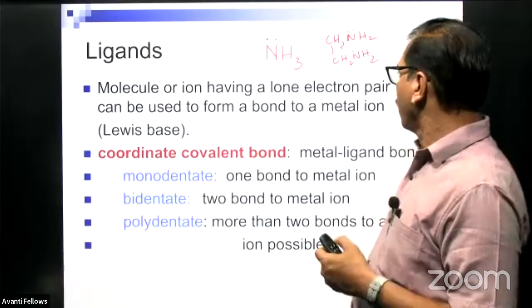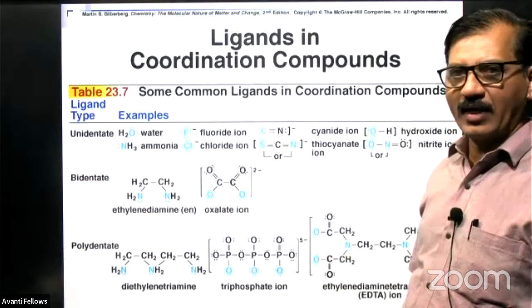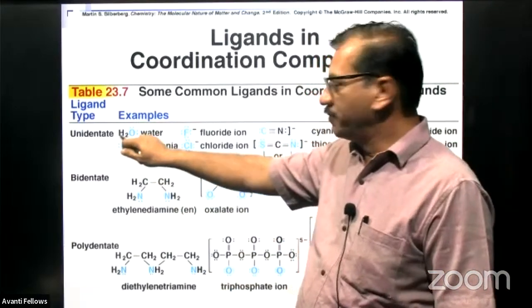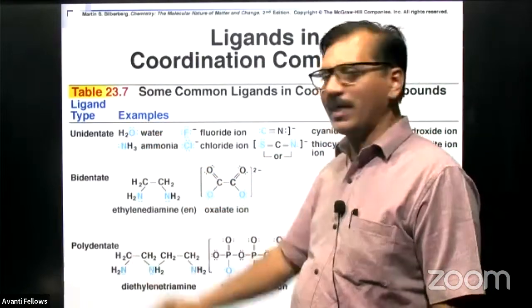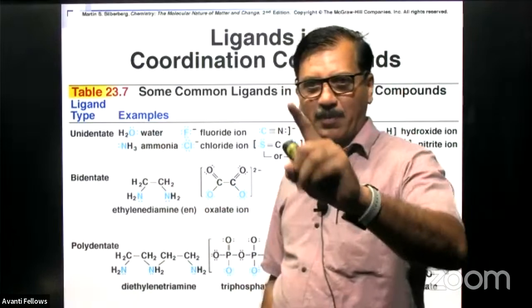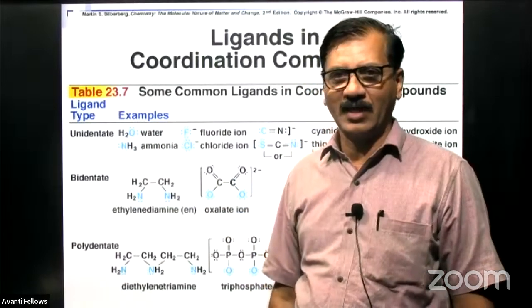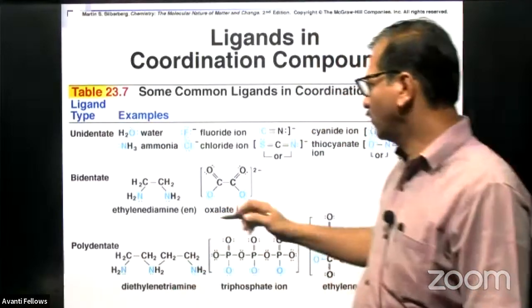Now let us look into the structure of them, right? Unidentate ligand. Probably you have to remember this. H2O is a unidentate ligand. Even though oxygen contains two lone pairs, it is capable of giving only one pair. So therefore it is unidentate or monodentate, both are same.